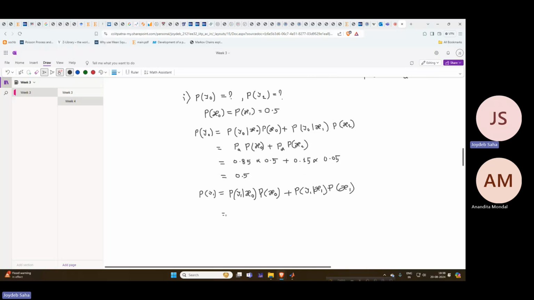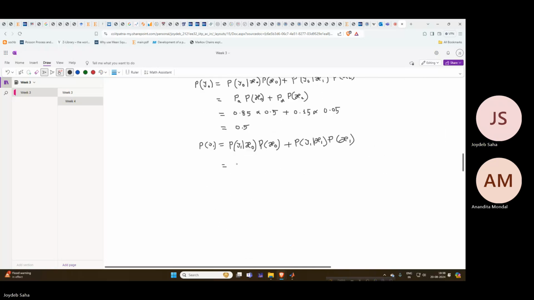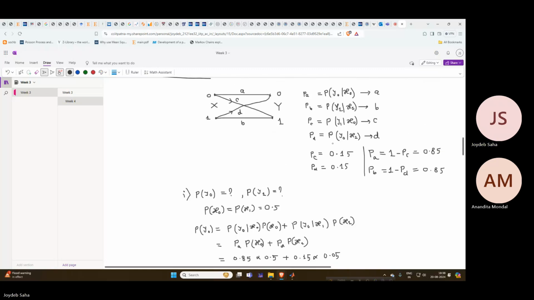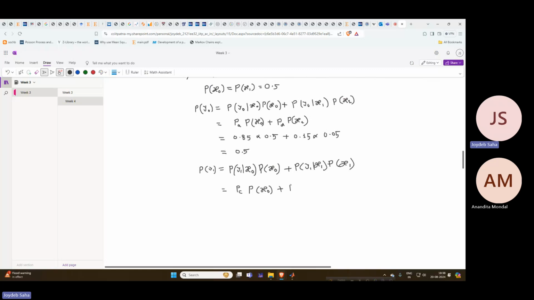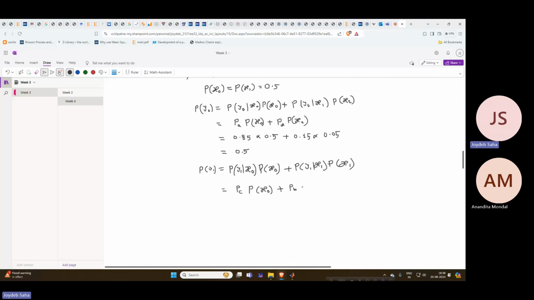Y1 upon x0 is PC into probability of x0, plus y1 upon x1 is PB, and it is p of x1.